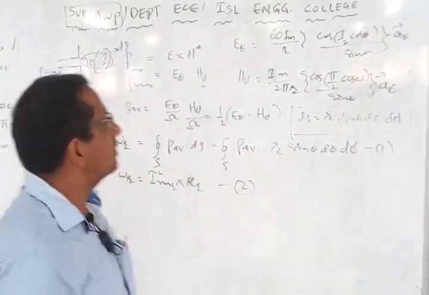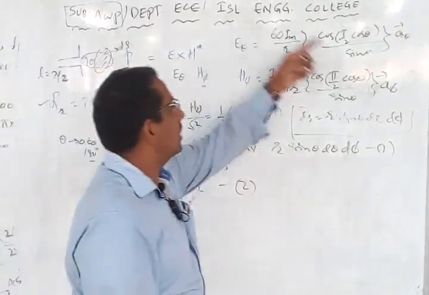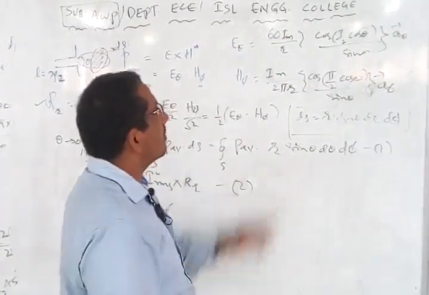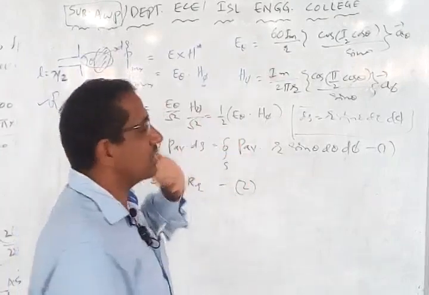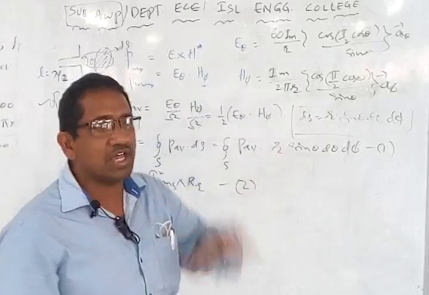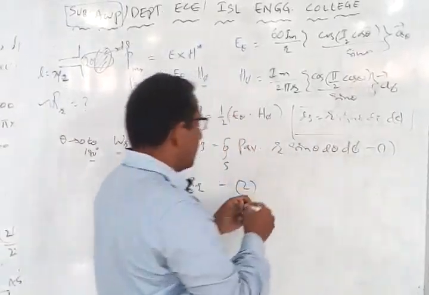In that case, you cannot waste your time in the exam deriving these two equations. So I suggest you remember these two equations. If you don't remember, it will be very difficult to solve this problem. Practice these equations many times in your notes so that you can remember the formulas.